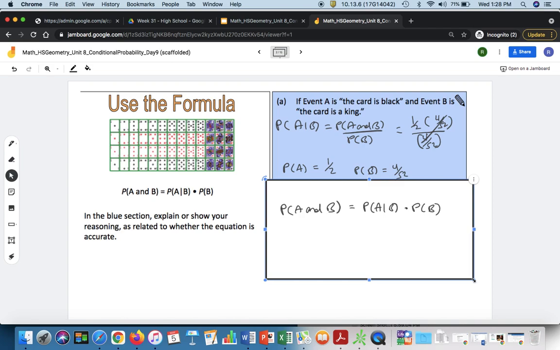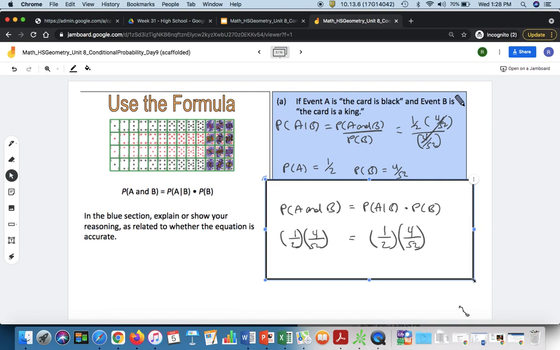So the probability of A given B, we said that was 1/2. The probability of B is 4/52. And we'll see that that's equal to the probability of A and B, because we know that the probability of A and B is just equal to the probability of A times the probability of B. So we see that this is a valid equation, and it is accurate in this case.